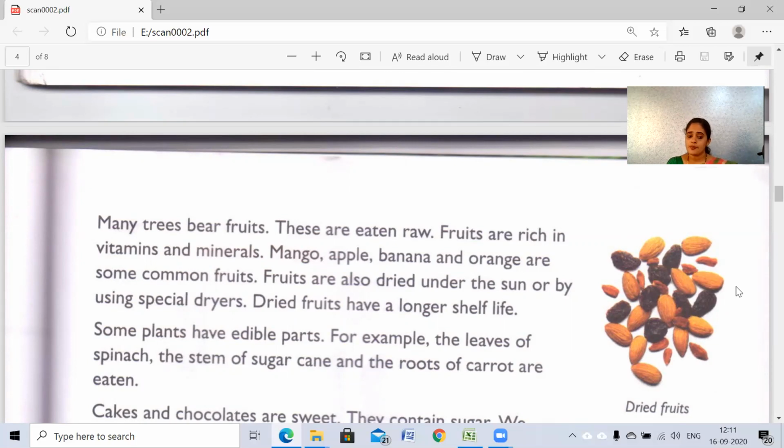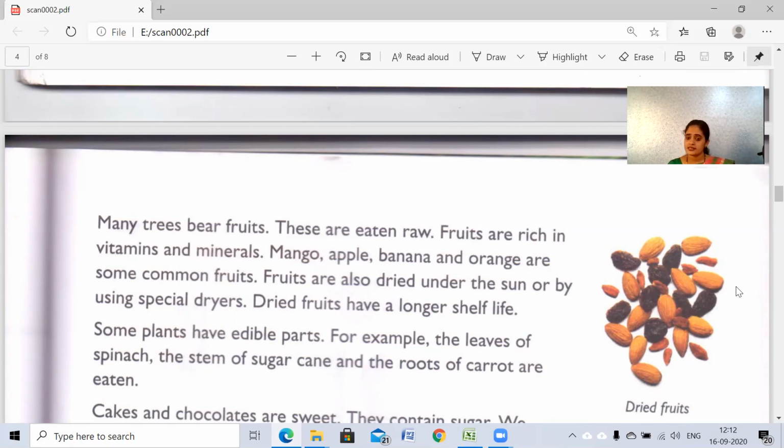Okay. Some plants have edible parts. Which are those edible parts which we can eat? Edible part means the part we can eat. Edible, eatable part. For example, leaves, isn't it? Spinach leaves we will eat. Stem, sugarcane stem.